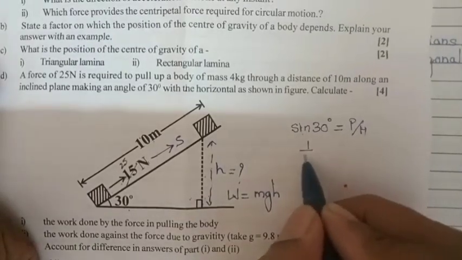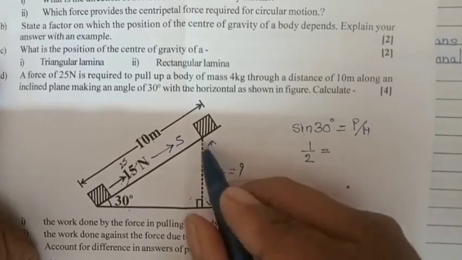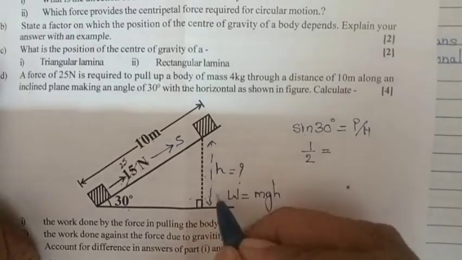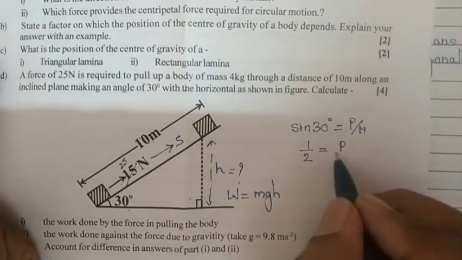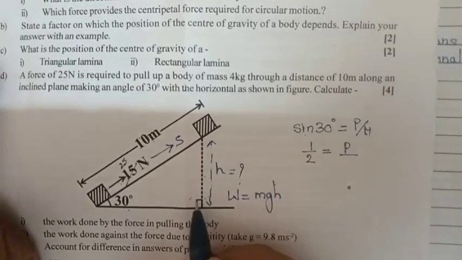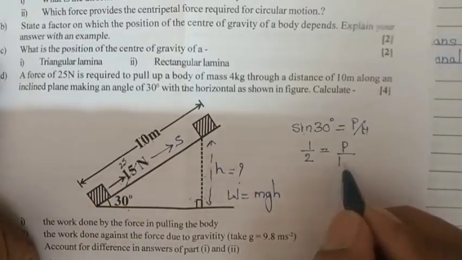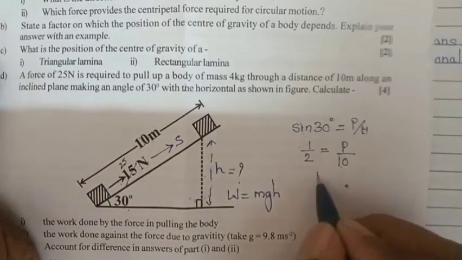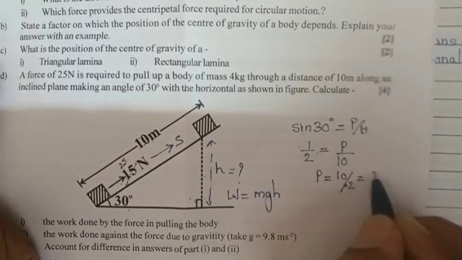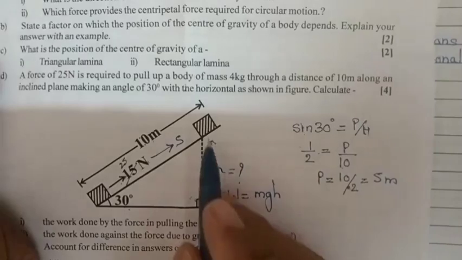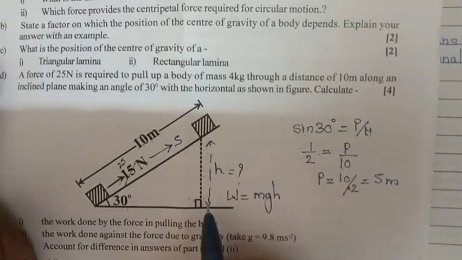Value for sine 30 is half. Perpendicular means height. Height is unknown, and this hypotenuse is 10. So from here you will get the perpendicular height, that is 10 by 2, that is 5 meter. So we have calculated this height as 5 meter.